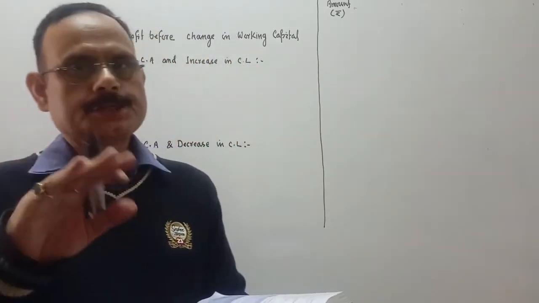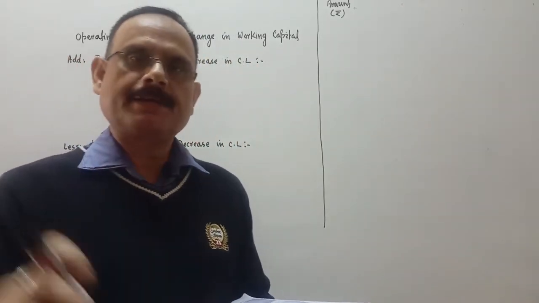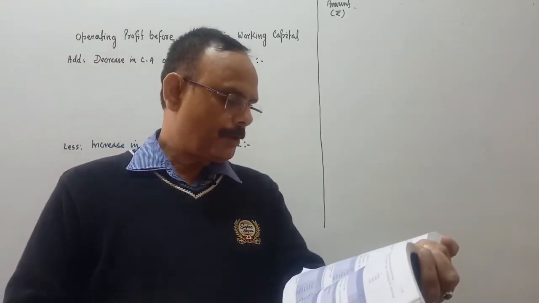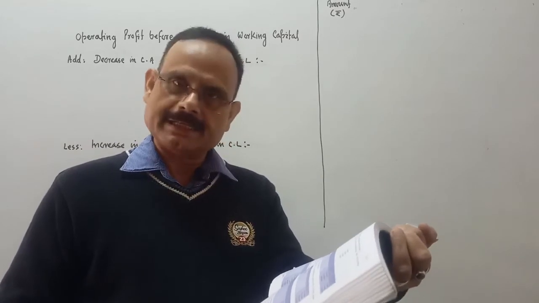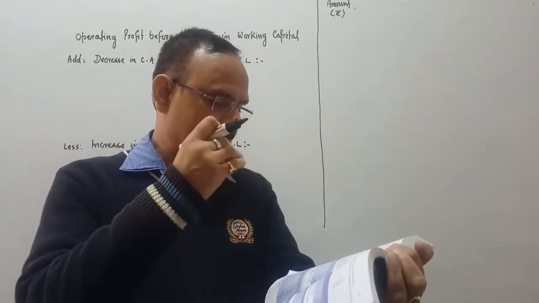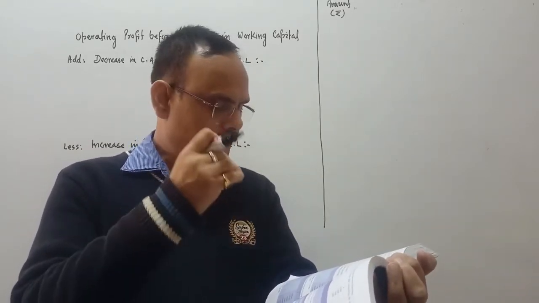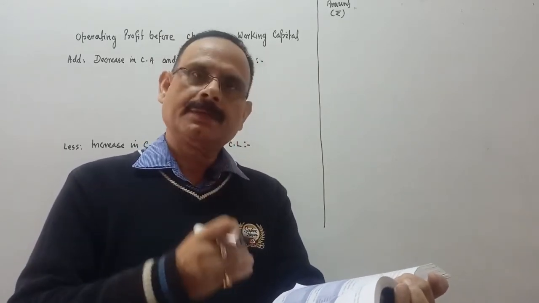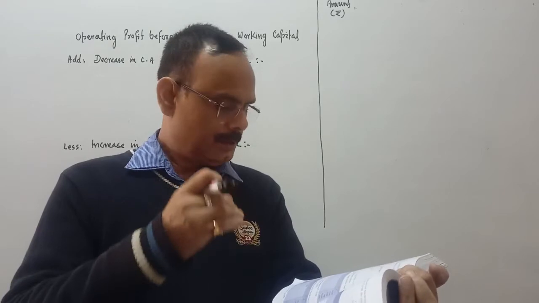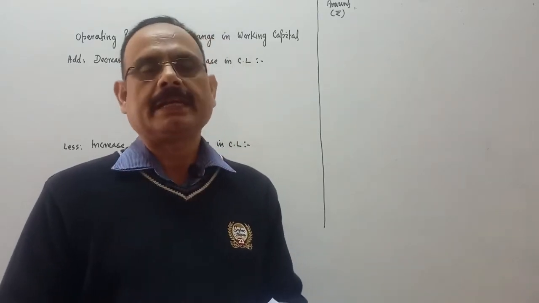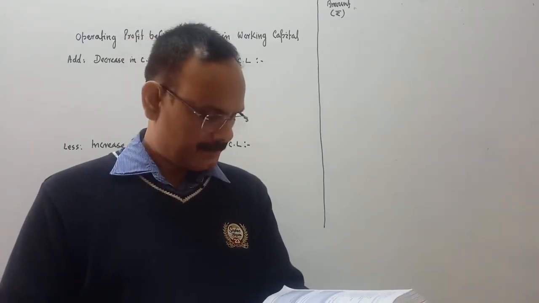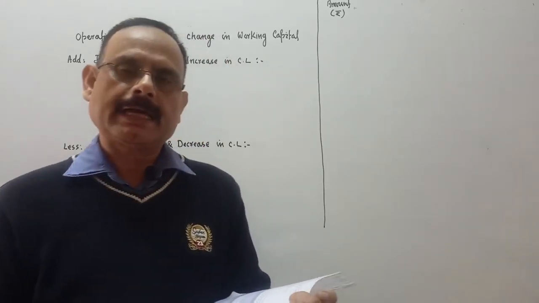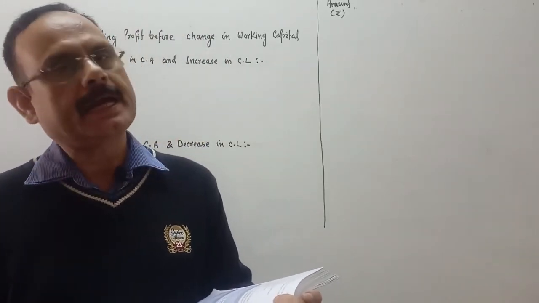Here two consecutive years' information is given, 2017 and 2018. Operating profit before working capital changes, and thereafter trade receivable, inventories, prepaid expenses, accrued income, trade payables, outstanding expenses, income received in advance. From this information, you calculate the cash flow from operating activities.